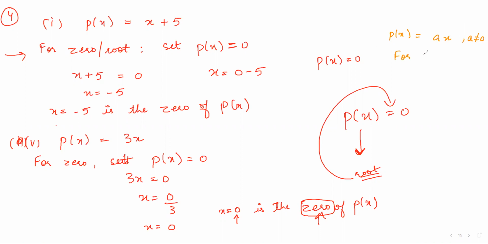Now for 0, set P(x) is equal to 0. So we write ax is equal to 0. So x is equal to 0 divided by a. So that gives you x is equal to 0. So x is equal to 0 is the 0 of P(x). Is that okay? Whatever value of x you are getting now will be a 0 because you have already set your polynomial equal to 0.